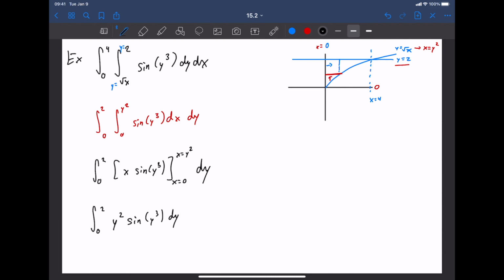Specifically, we can use the reverse chain rule or use substitution to get negative 1/3 cosine of y cubed from 0 to 2. So negative 1/3 cosine of 8 plus 1/3.